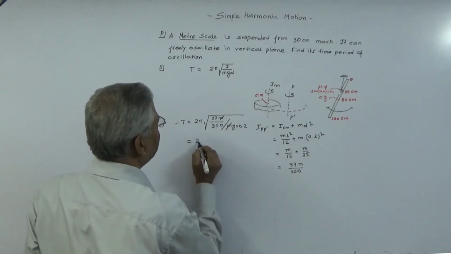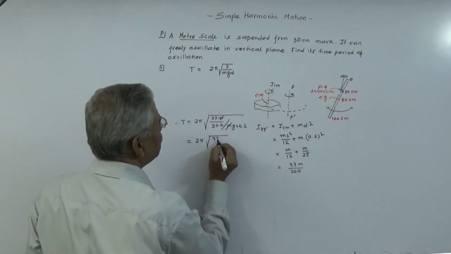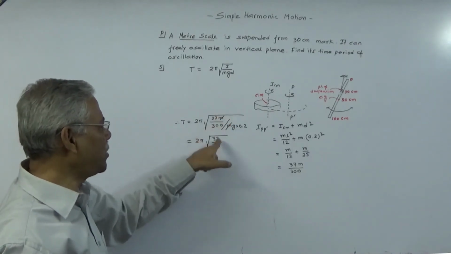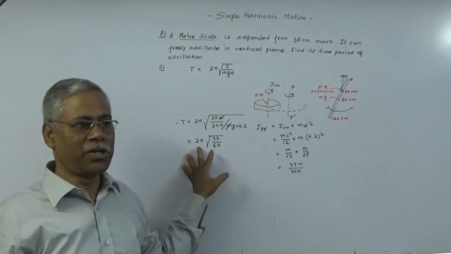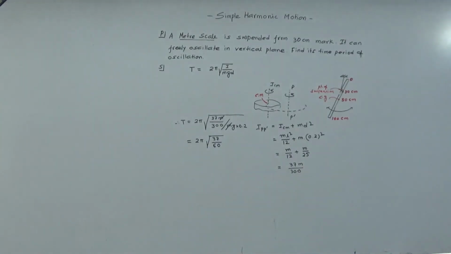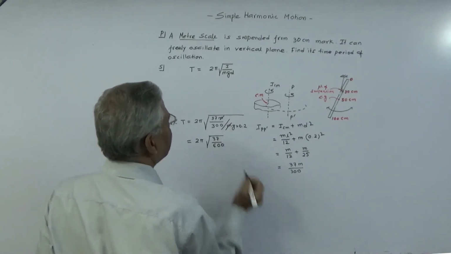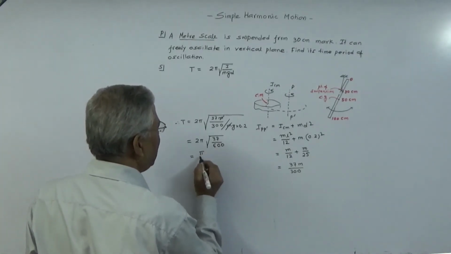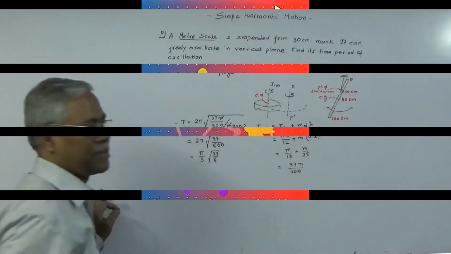Equal to 2 pi root over 37. Check my calculation, okay? 0.2 equals 1 by 5, then 5 into 37 by 300, 2 pi root over 37 by 60. Am I correct? Calculation is right? Divided by g, 6. That means 10 pi by 5 root over 37 by 6.